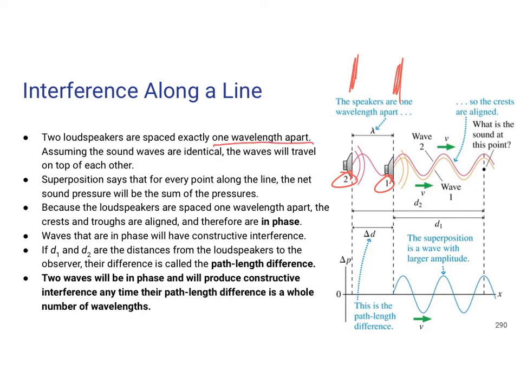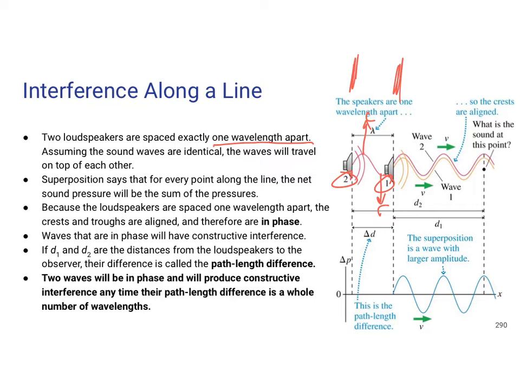Now, again, this is an area of compression. This is an area of rarefaction. If they are exactly one wavelength apart, assuming that they are putting out an identical sound, the waves are going to interfere and travel on top of each other.